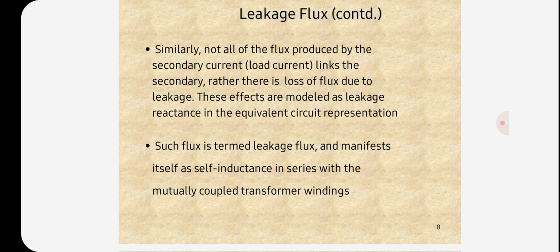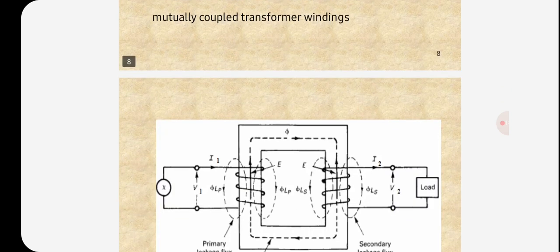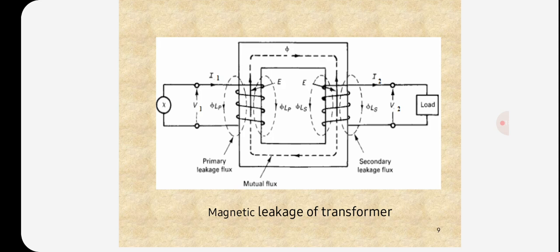Such flux is termed leakage flux and manifests itself as self-inductance in series with the mutually coupled transformer windings. So this is the diagram of magnetic leakage of the transformer.